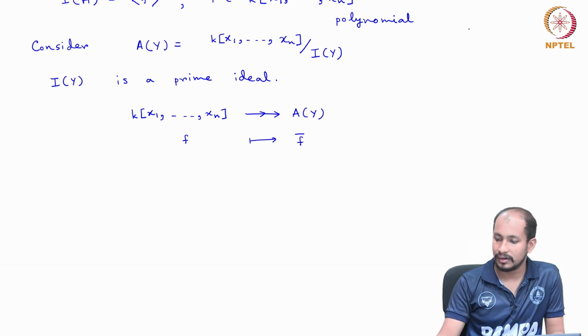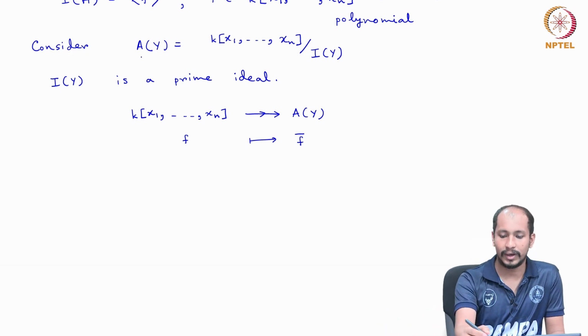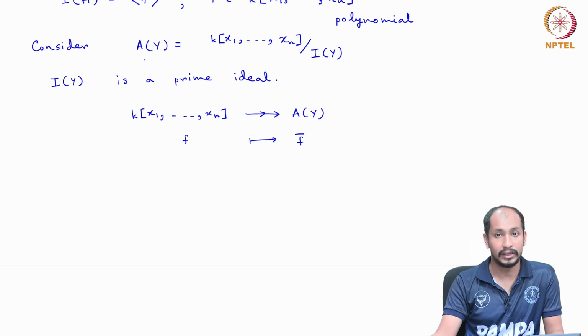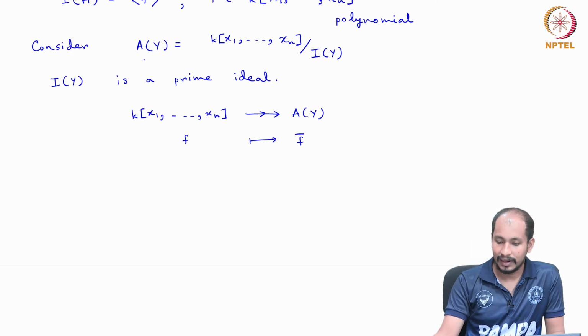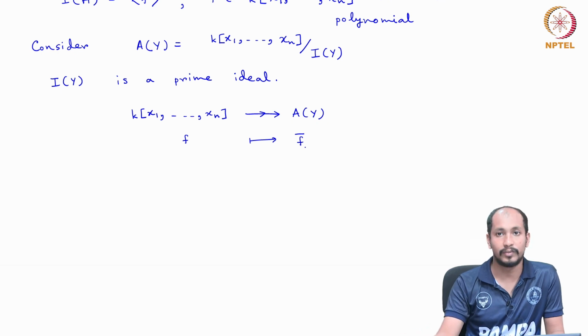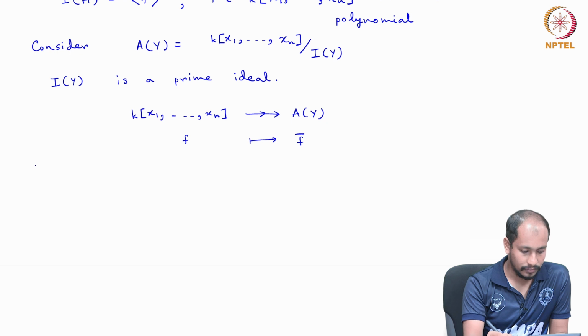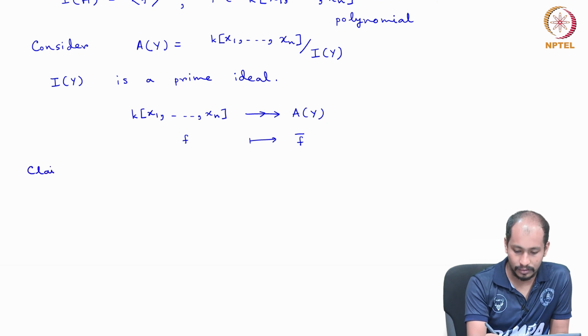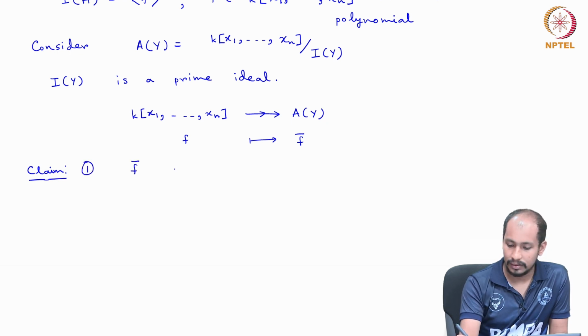So what Noetherian ring are we taking? We are taking this A(Y), the coordinate ring of Y, and the element we are taking is F bar. Now for that, first we have to show these things. First claim, this F bar is not a zero divisor.